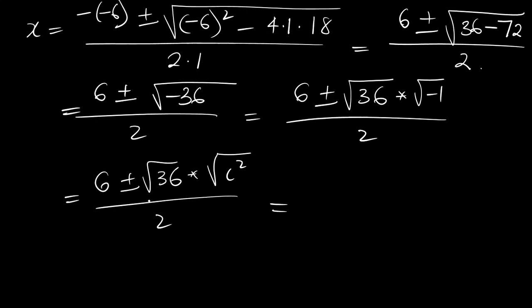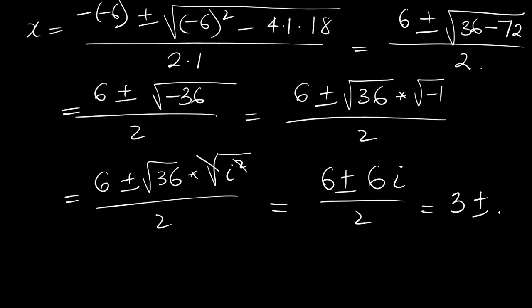So we now have 6 plus or minus the square root of 36, which is 6. The i squared cancels out the square root, so you have i here, all over 2. So this will give us 3 plus or minus 3i, because 2 cancels 6 to give 3 here, and 2 cancels 6 to give 3 here.